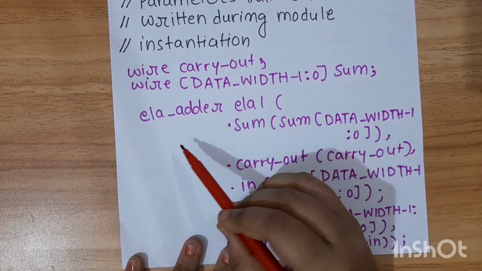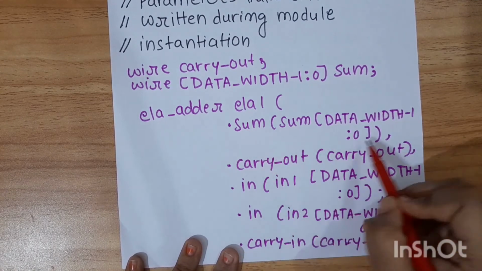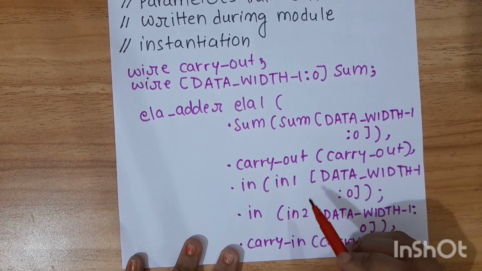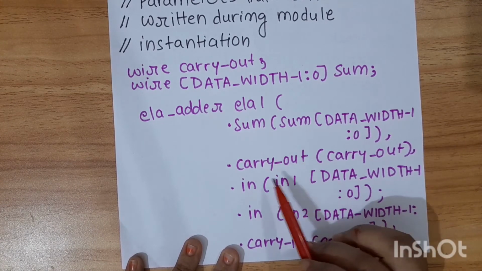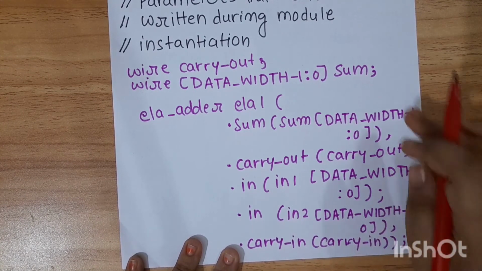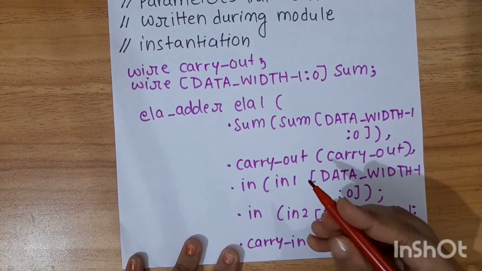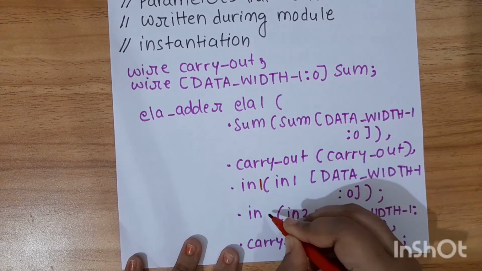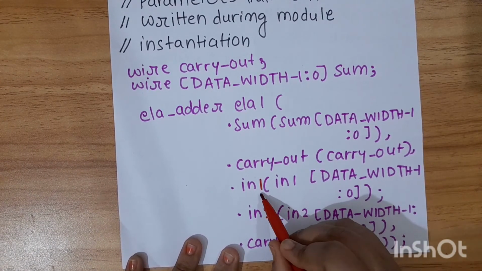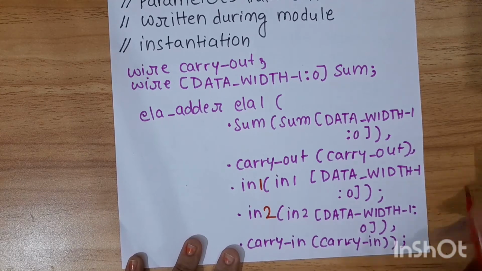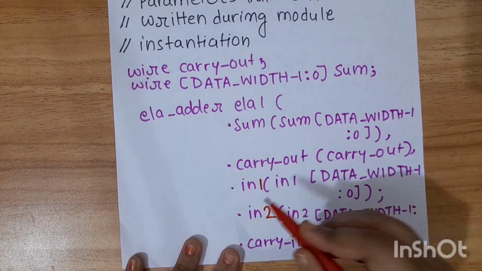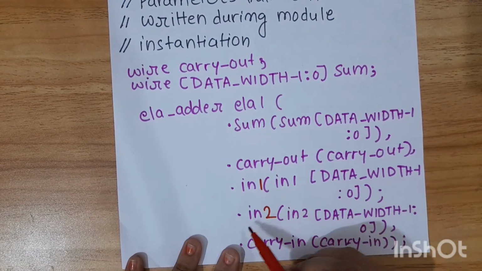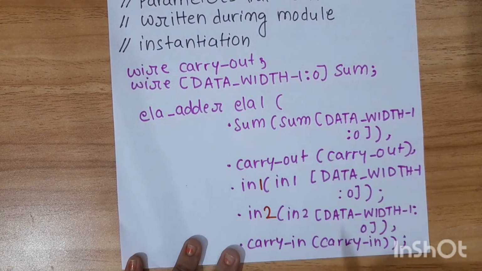This is the CLA adder sum bit. It is tied to the sum bit of the test bench. Dot carry_out, that is the CLA adder's carry out, is tied to the carry out of this test bench. Input 1 and input 2: in1 is tied to in1[data_width-1:0]. This in1 is the CLA adder's in1, and this in2 is also the CLA adder's in2.